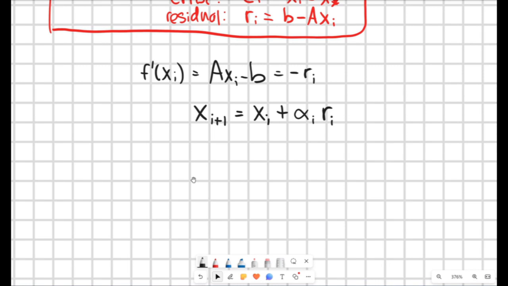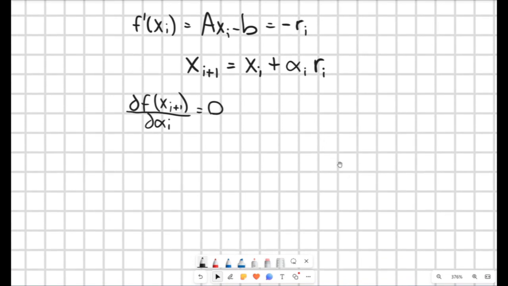So to define the best alpha, we're going to say it's where the derivative of f at x i plus 1 with respect to alpha is equal to 0, because if we go beyond that, then we'll start walking uphill again, basically.